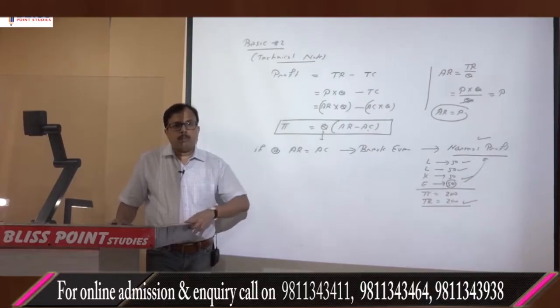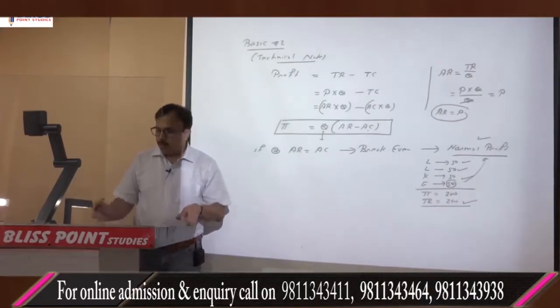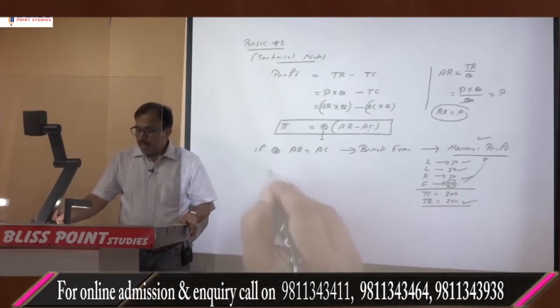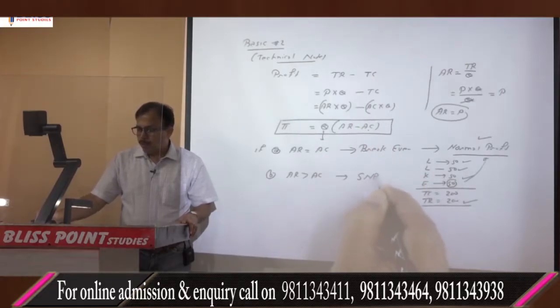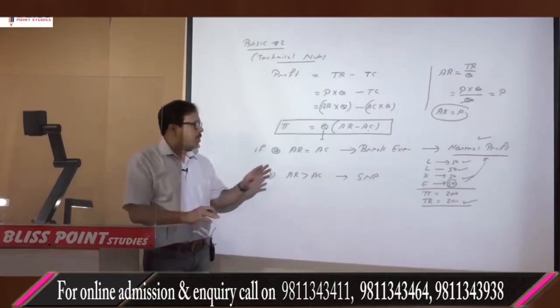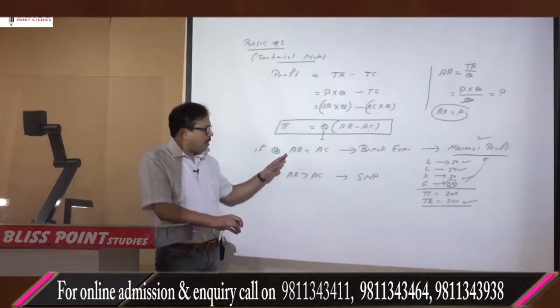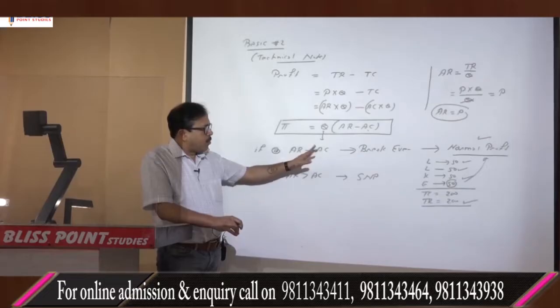So that will be called supernormal profit. So if average revenue is greater than average cost, then this number will be positive and it is called supernormal profit. So no issues with the first and second part. If AR is equal to AC, there will be no profit, no loss.